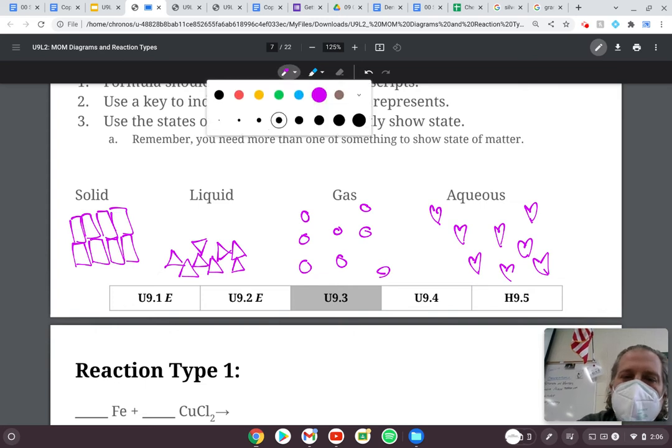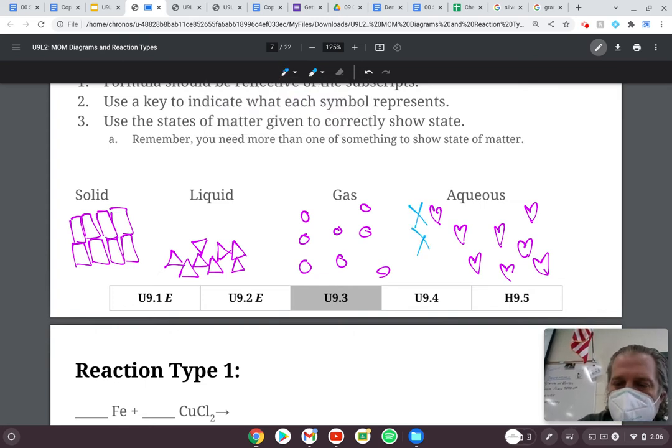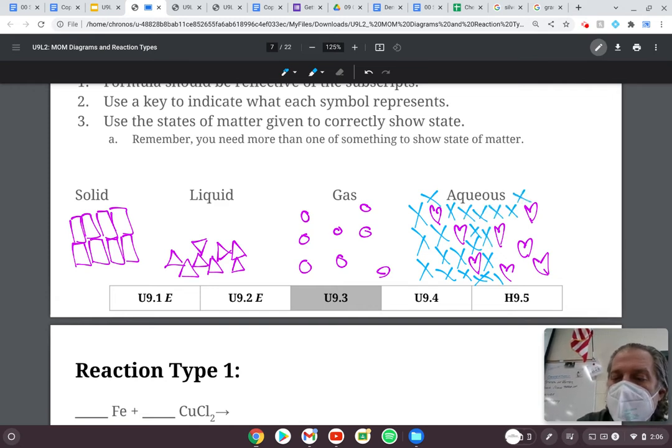And then the last thing we have to do is surround all of these drawings, these hearts, if you will, with water. In our model of matter diagrams, we can represent water as an X or a series of X's like so.